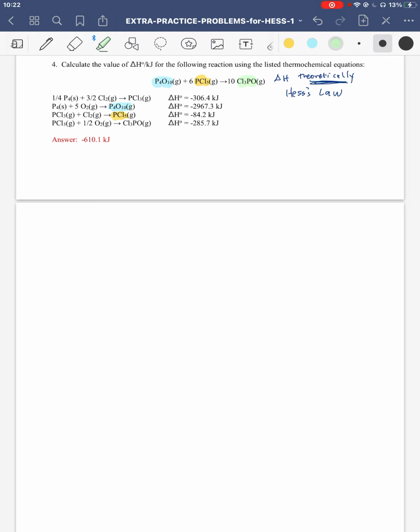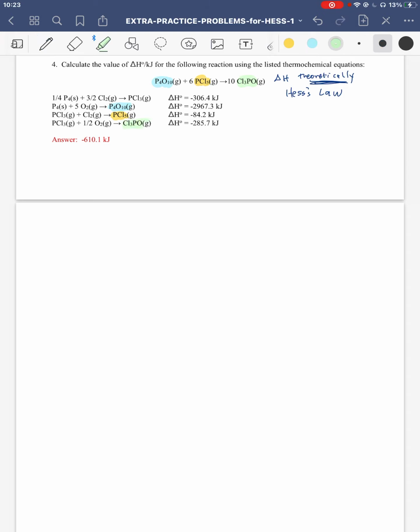Cl3PO shows up right here. And I think that is everything. Let's just double check. P4O10. Cool, PCl5, I don't see it anywhere else. Cl3PO, whoops, I did not mean to erase that.